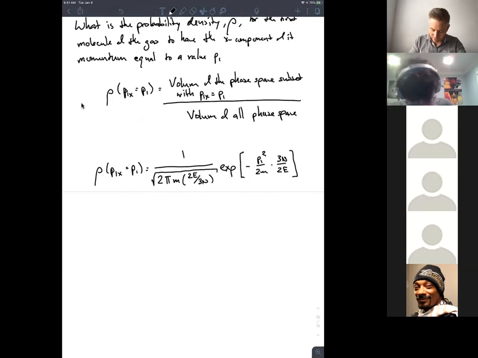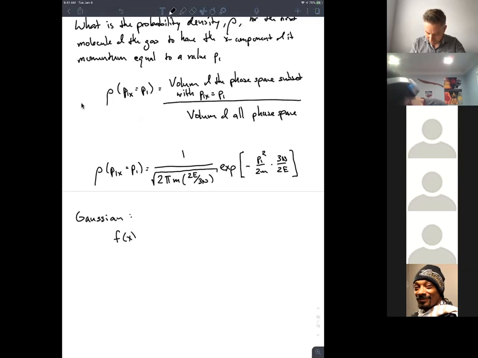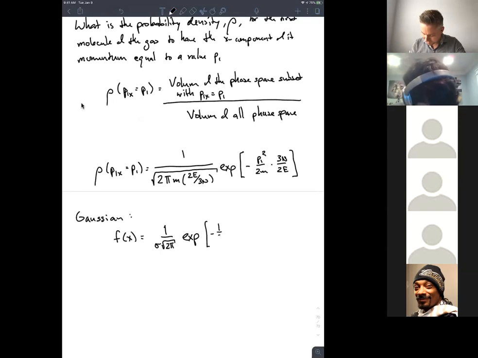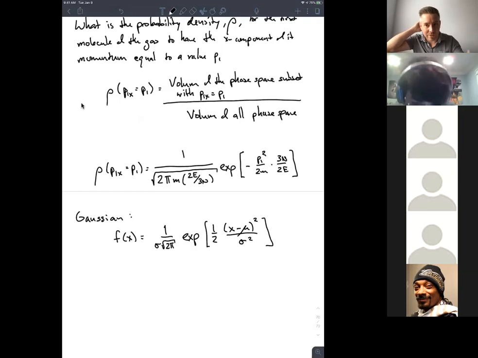The standard form of a Gaussian function is f of x equals 1 over sigma root 2 pi, times the exponent of minus 1/2 times x minus mu squared over sigma squared. That's the general form of a bell curve, this Gaussian distribution.